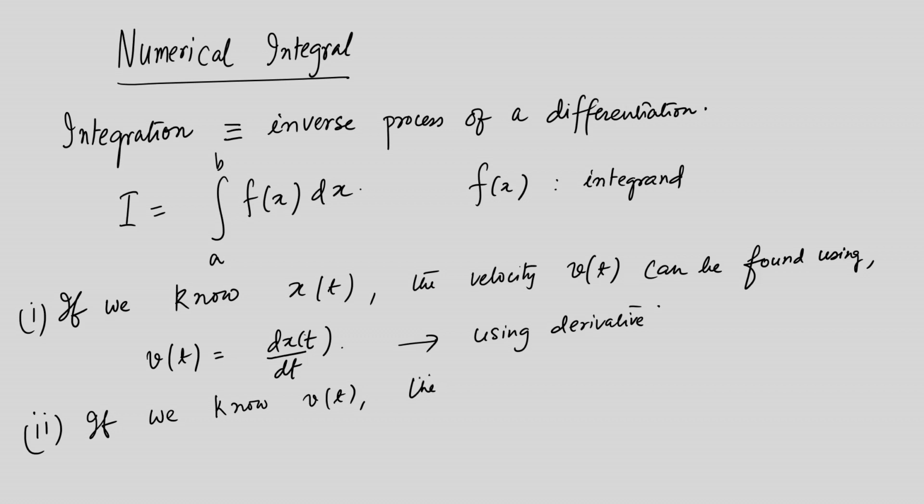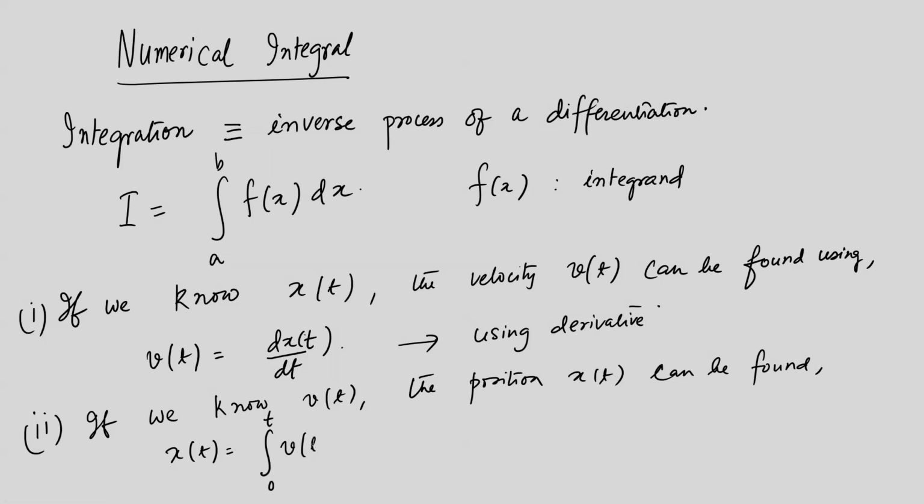then the position x of t can be found using an integral from 0 to t. Now, I will use a dummy variable t prime, because the upper limit of the integral is t. It is basically a time variable, but using a dummy notation t prime.